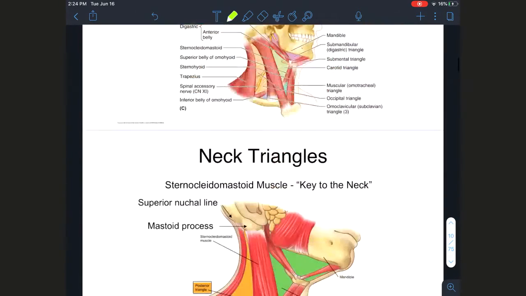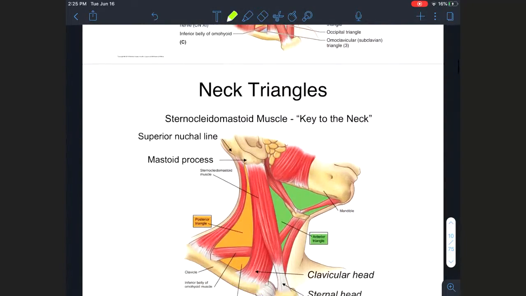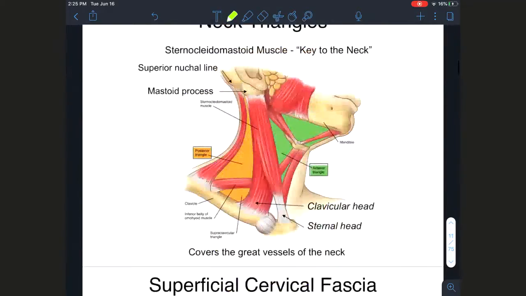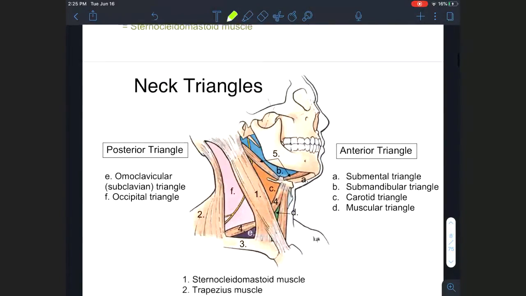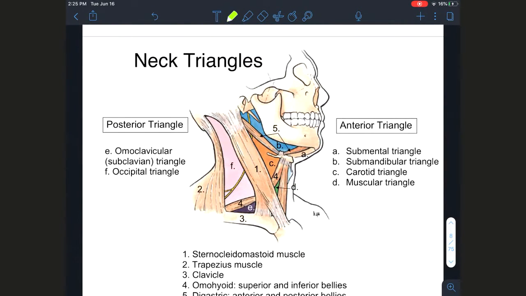So, like I said, the important contents are going to be in that carotid triangle right there. And the posterior triangle, the omoclavicular triangle, is going to have your subclavian vein.